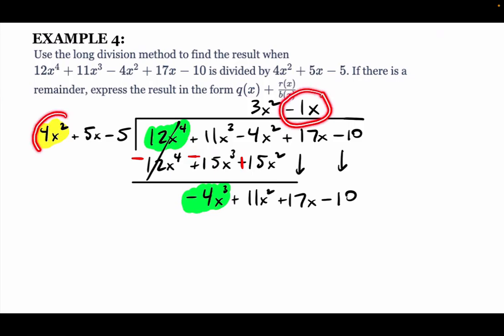Negative 1x times 4x squared is negative 4x to the third. Negative 1x times 5x, negative 5x squared. Negative 1x times negative 5 makes positive 5x.